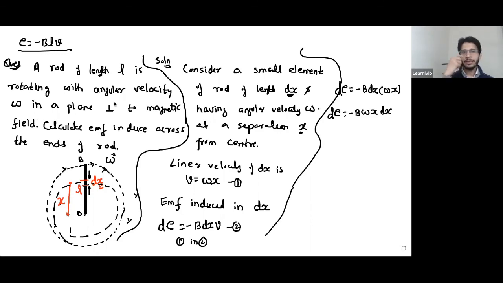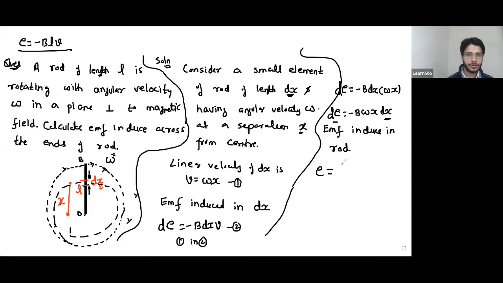But I don't need induced EMF in the small portion dx. I need induced EMF in the complete rod. EMF induced in rod, E. So can anyone tell me how to calculate the EMF induced in the complete rod?